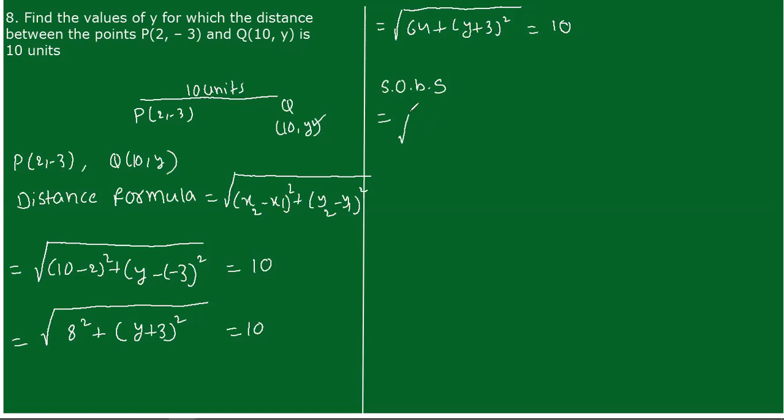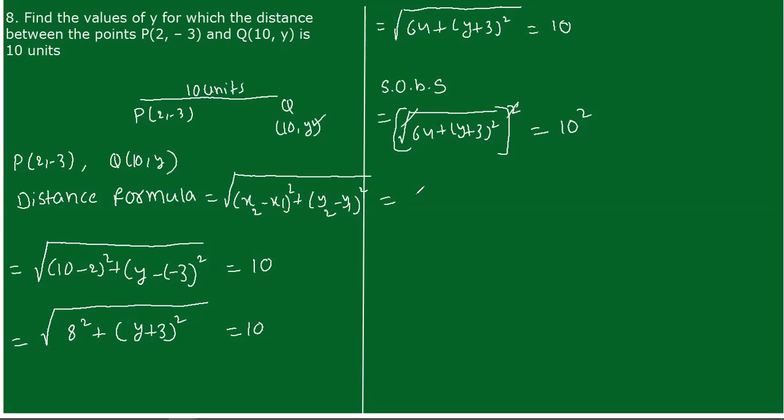So the square root of (64 plus (y plus 3) whole square), the whole squared, equals 10 square. Now I can cancel this square and this square root.